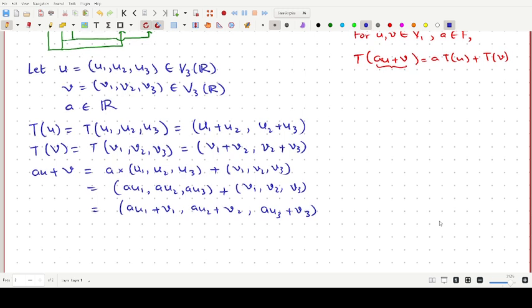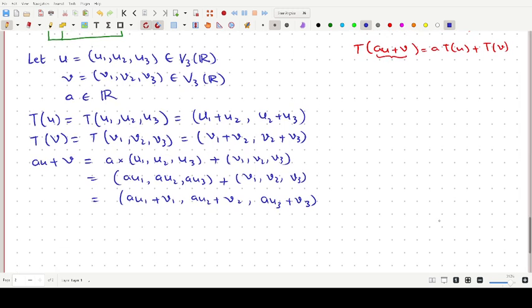Now what we'll do is we will start off our proof by writing down what we mean by T of au plus v, right? As you can see on the top right corner of the screen, we should be getting a times T of u plus T of v.